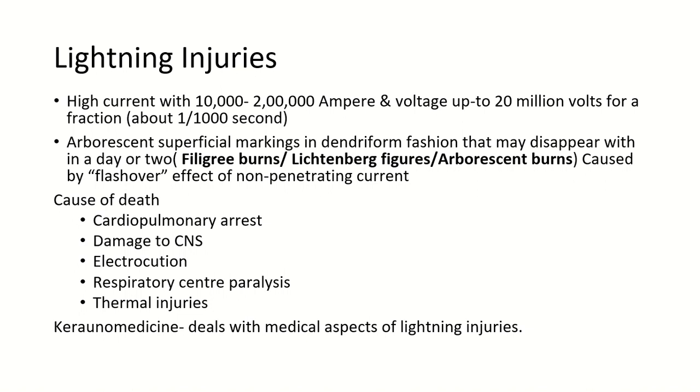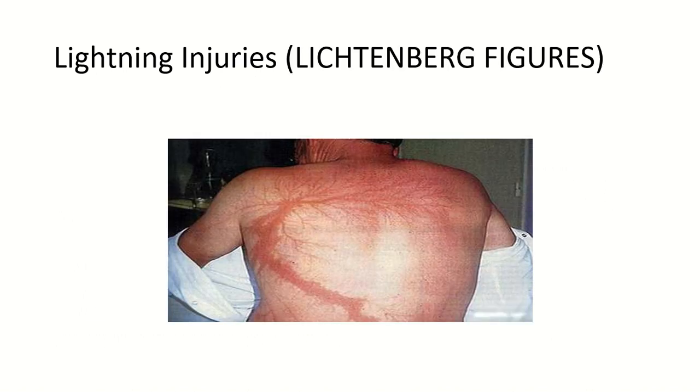The cause of death is cardiopulmonary arrest, damage to the central nervous system, electrocution, respiratory center paralysis, thermal injuries. There is Keraunomedicine, which deals with medical aspects of lightning injuries. These Lichtenberg figures disappear within a day or two.